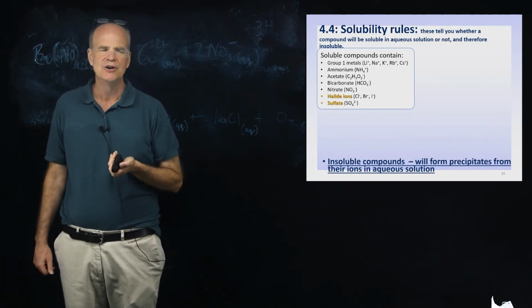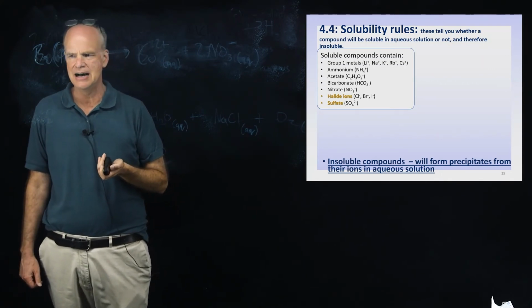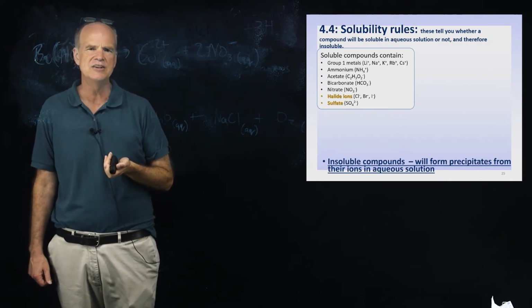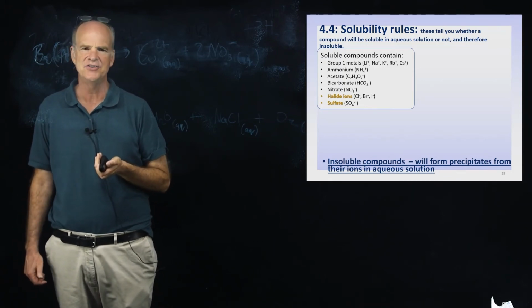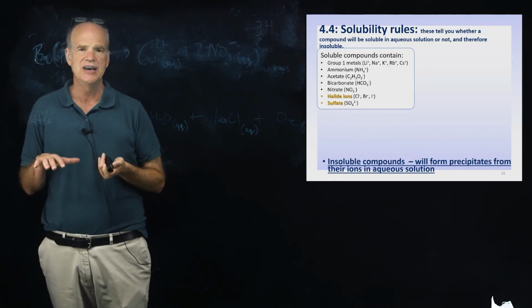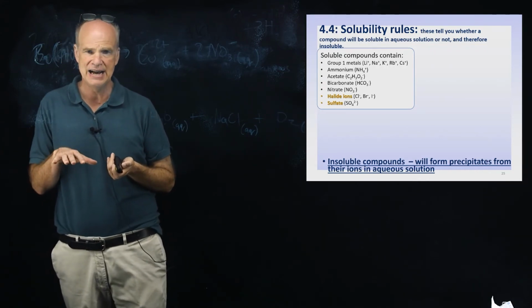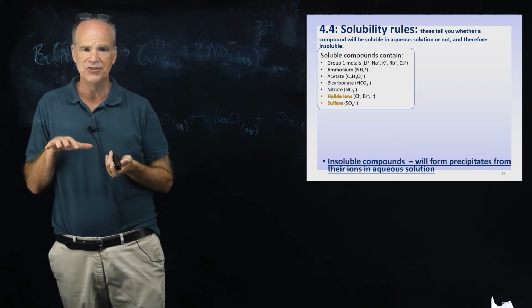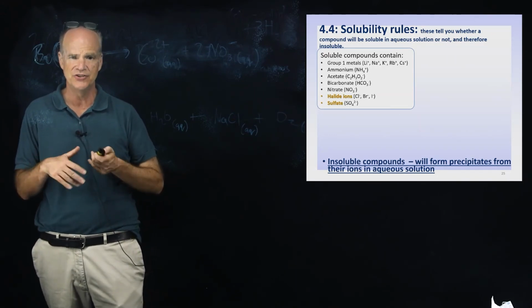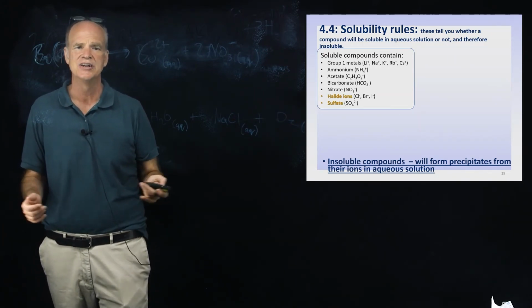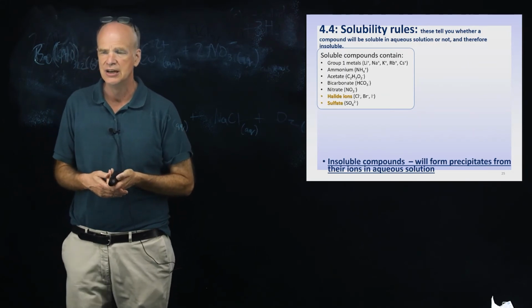For example, if you have a compound that contains any group 1 metal, whether it be lithium, sodium, potassium, rubidium, or cesium, it doesn't matter what anion it's bound to, it will be considered a very soluble compound, which means it can dissolve completely into ions in aqueous solution.